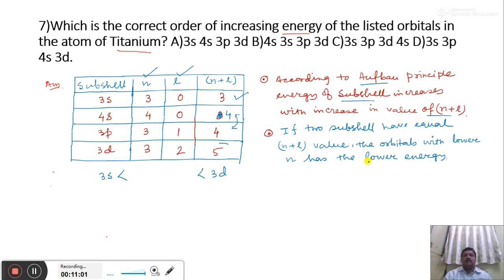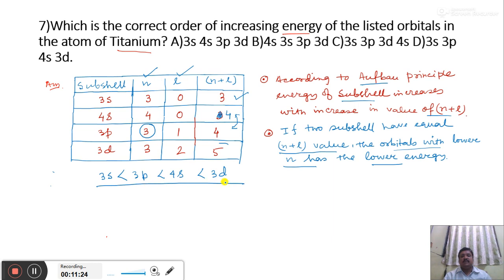Now, in case two subshells have equal n plus l value, the orbital with lower n value has lower energy. Between 4s and 3p, 3p has the lower n value, so it is less in energy, and then comes 4s. The actual energy series is 3s, 3p, 4s, 3d. So option D is the correct one.